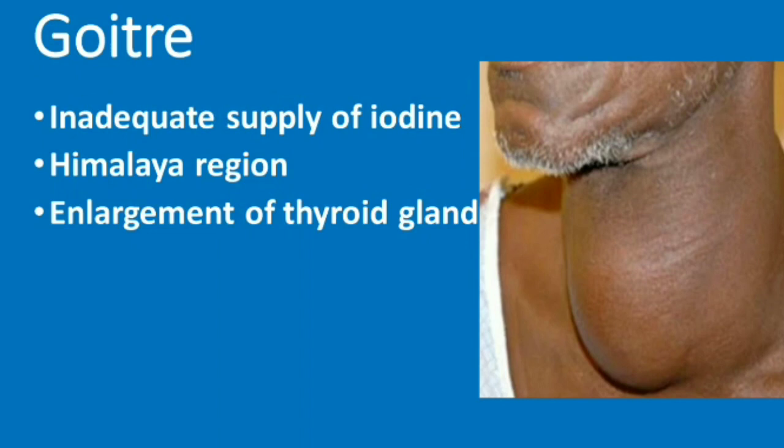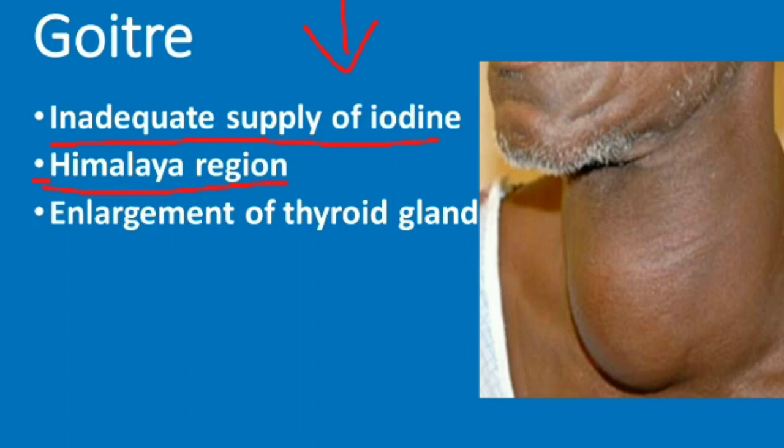First we will see about goiter. When the thyroid hormone is secreted at a decreased level, it leads to goiter. That is, inadequate supply of iodine leads to goiter. Mostly it occurs in the Himalayan region because the soil of the Himalaya contains less iodine.